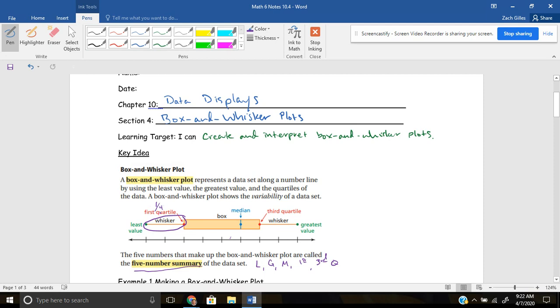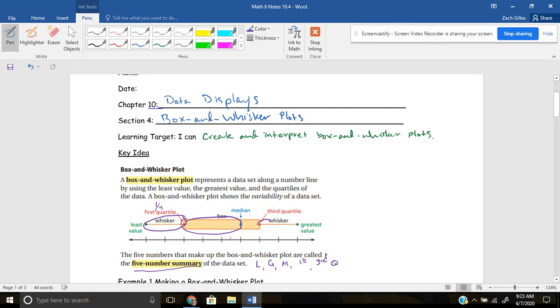So the first quarter of information is the whisker, which goes from the least value to the first quartile. The next quarter of information comes from the first quartile to the median. The third chunk of information comes from the median to the third quartile.